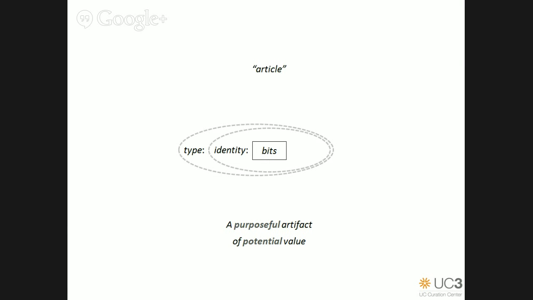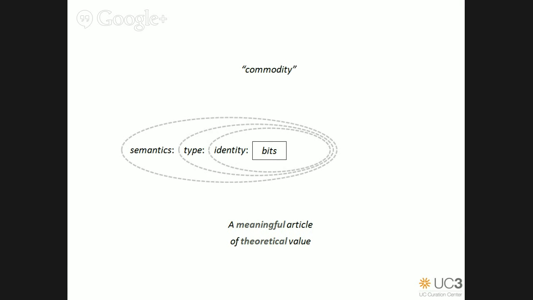However, by going one more rung up the ladder, adding type characterization, we get to what we're calling a digital article, which is a purposeful artifact. Typing implies syntactic transparency, so we start to be able to discern what the underlying purpose of this particular article might be. But again, still semantically opaque, so it is as yet only of potential value. If we start to add some descriptive semantics, we achieve what we're calling a digital commodity.